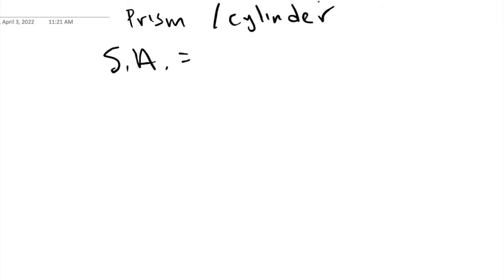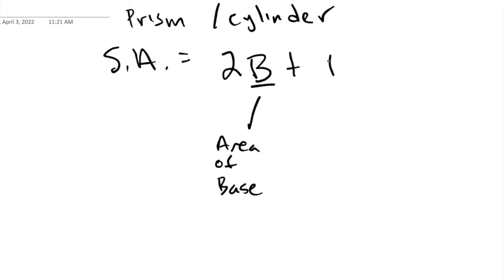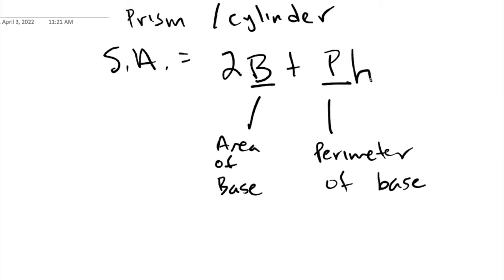So the surface area is in prisms and even in a cylinder. If we remember that the perimeter of a cylinder's base is a circumference, we can use this same formula: 2 times the area of the base, the shape that we consider the base, plus capital P, which is the perimeter of the base, times the height of the shape.